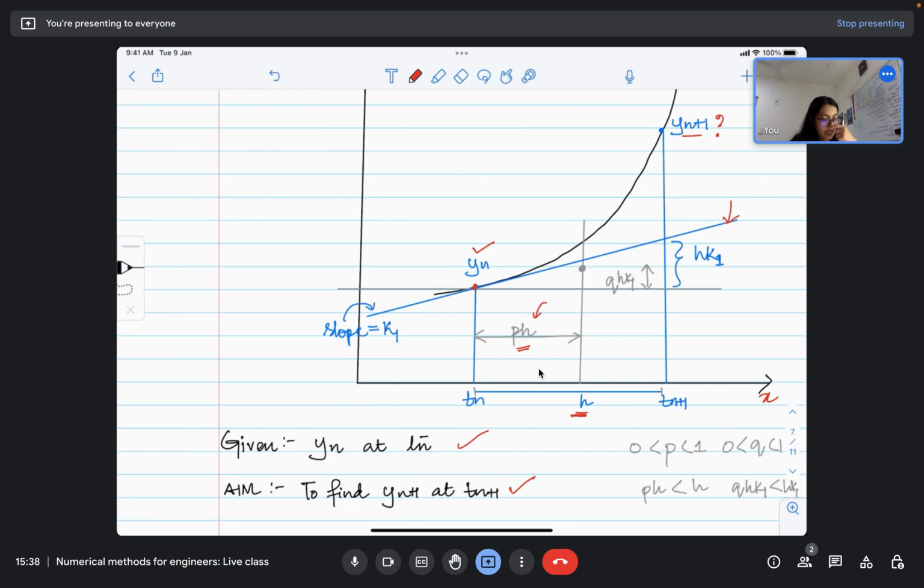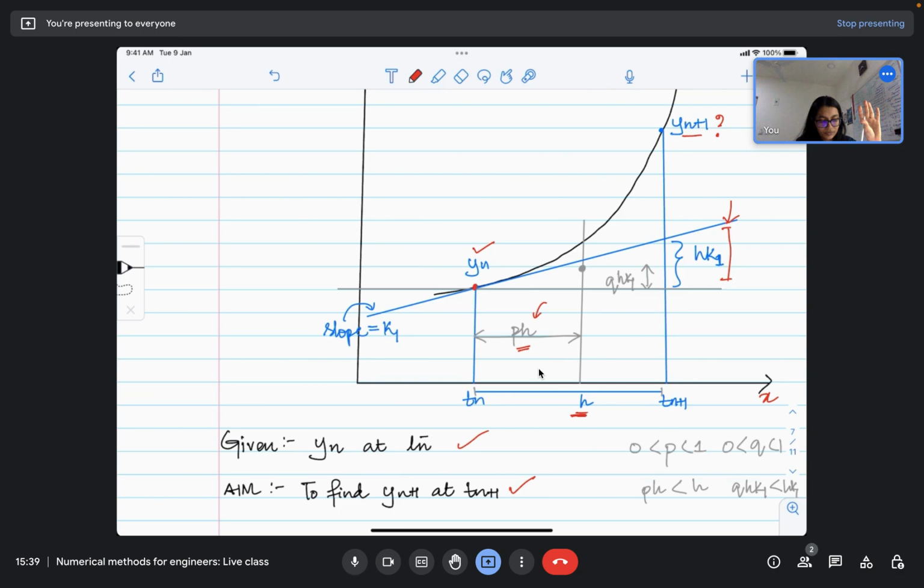This is in the x direction. Along the y direction, this entire distance is h times k1, and we take some point in between, q times h k1, where q is also between 0 and 1. So q times hk1 is lesser than hk1.